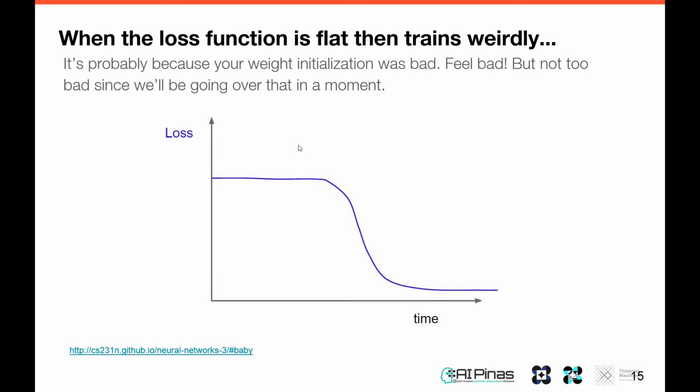Loss functions don't always follow those very nice patterns that tell you what's going on. Sometimes they do very strange things. For example, in this case, your loss starts out kind of flat, never goes anywhere, and then suddenly begins training. Why would this happen? Think about where the optimization function is first initialized.